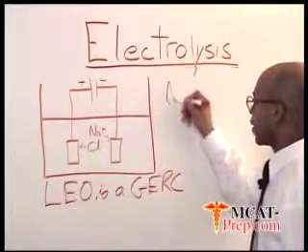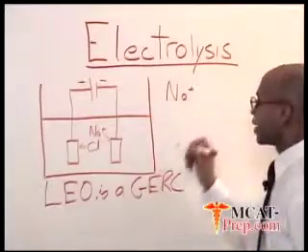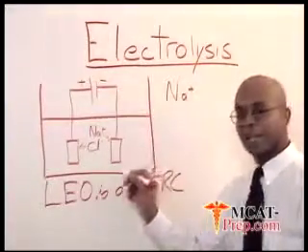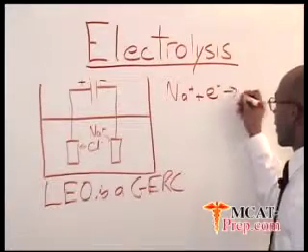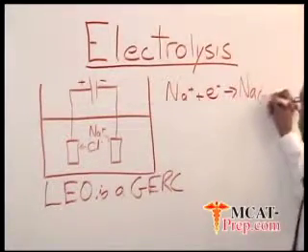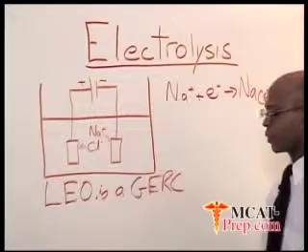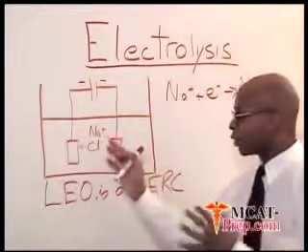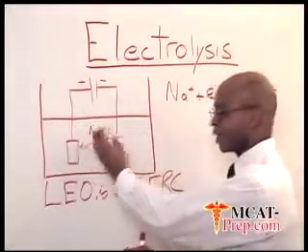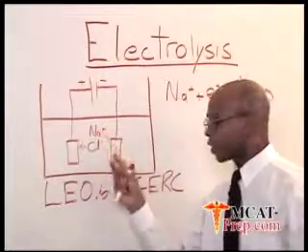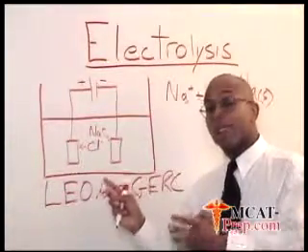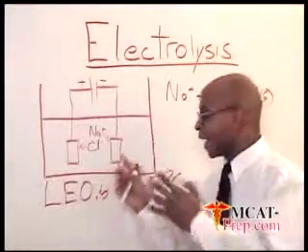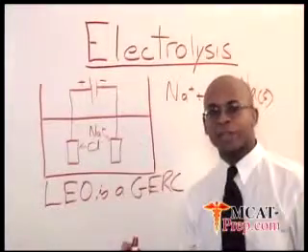Well, the Na+ is going to gain an electron, so plus an electron, and that's going to give us sodium, which is solid. So you literally have the cation, sodium, coming to the electrode, gaining an electron, and because sodium now becomes solid, it plates onto the electrode.